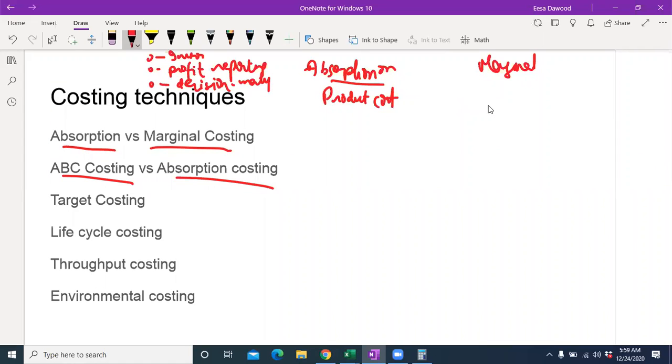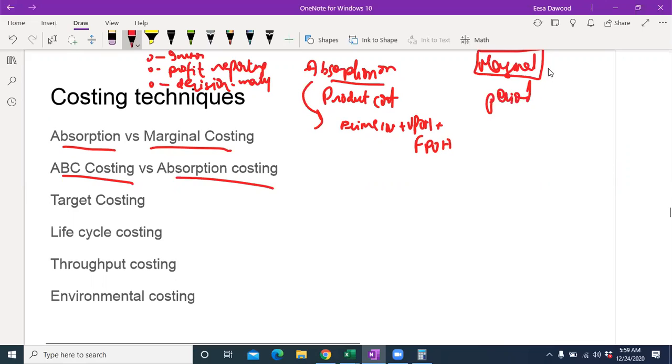Okay, so the difference between absorption and marginal costing is that you need to understand the concept of a product cost and a period cost. Absorption costing considers the product cost to be the total production cost, which is prime cost plus variable production overhead as well as the fixed production overhead. However, the marginal costing school of thought says that the product cost is the one incurred on one extra unit. For example, if I produce pencils and I'm going to produce one more pencil, which cost will increase?